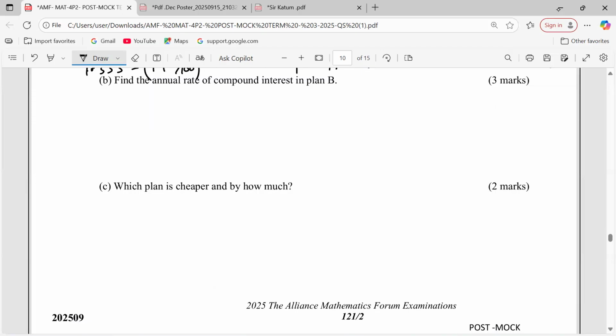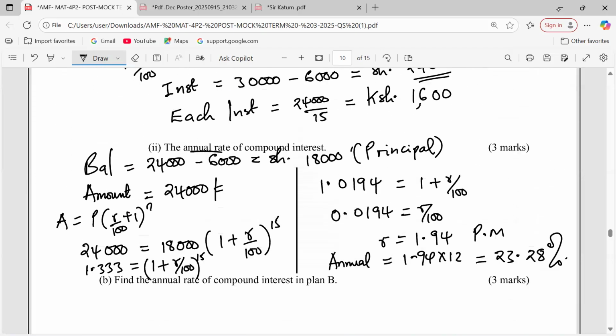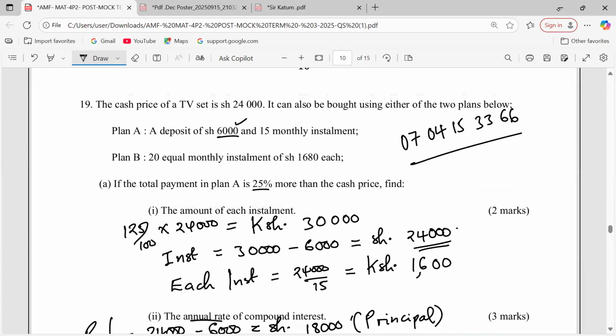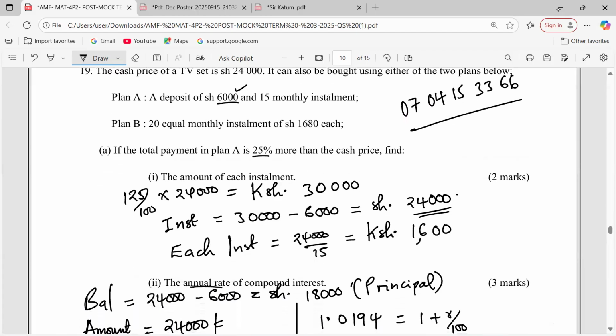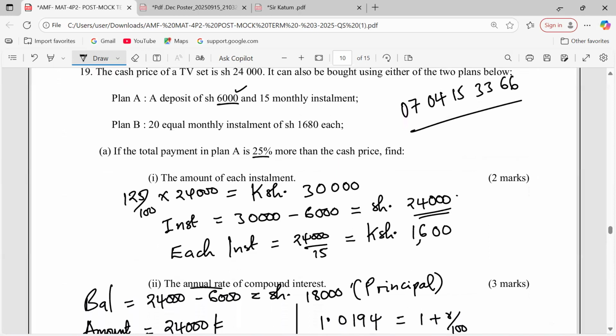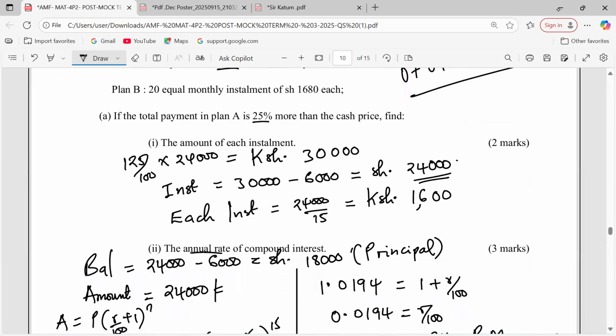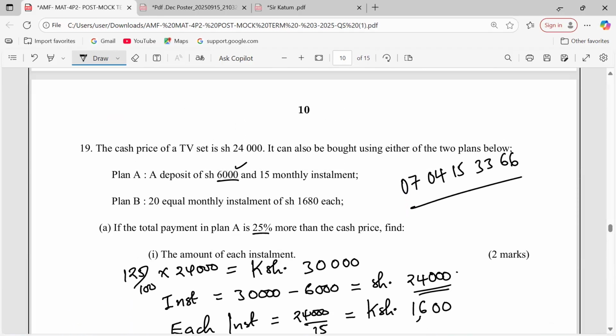Find the annual rate of compound interest in Plan B. Look at Plan B. In Plan B, there is no deposit being made. 20 equal monthly installments, 1680. So the initial cash price is our principal.